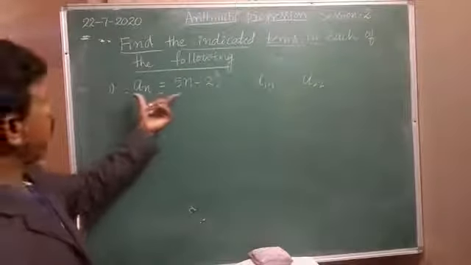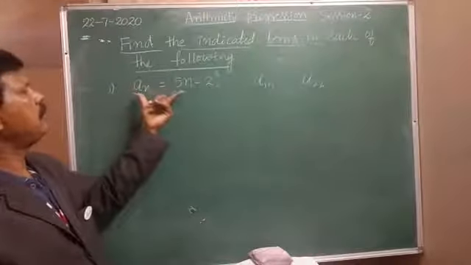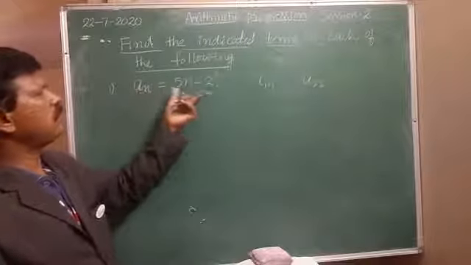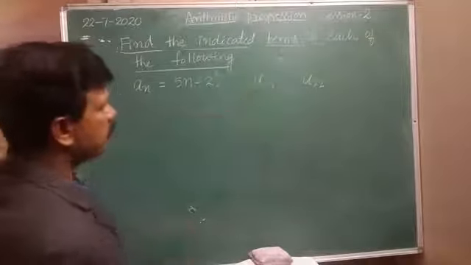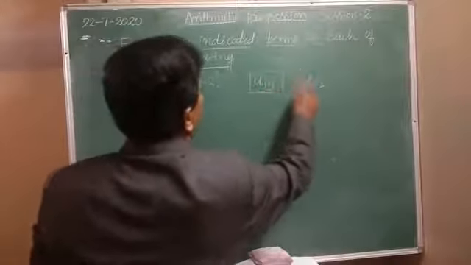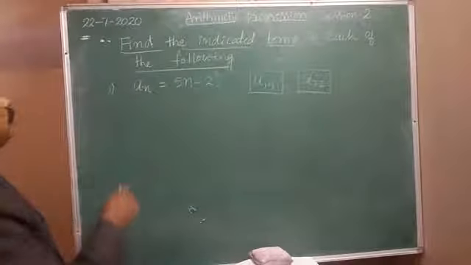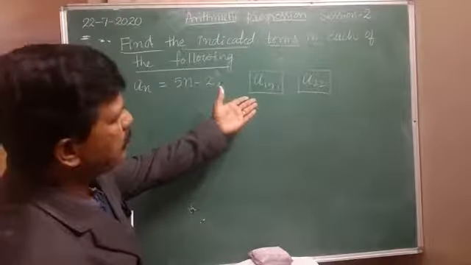The terms of a sequence are described like this: an is equal to 5n minus 2. Here they asked for the 15th term and the 22nd term. So instead of finding 1, 2, 3, 4, you find what they asked.